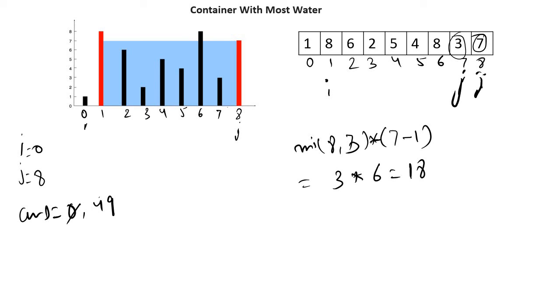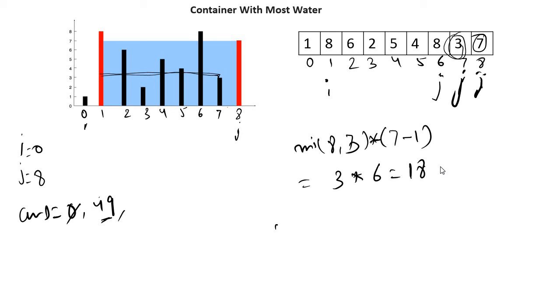The water between these is 18, but our answer is 49, which is greater, so we won't replace it. Again, because 3 is smaller than 8, we'll decrease j.